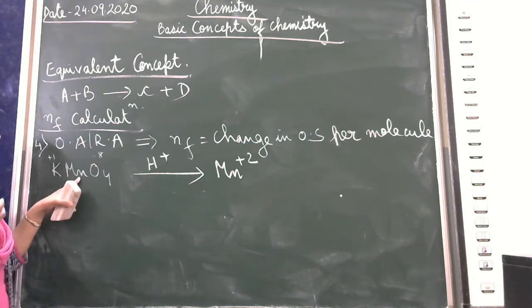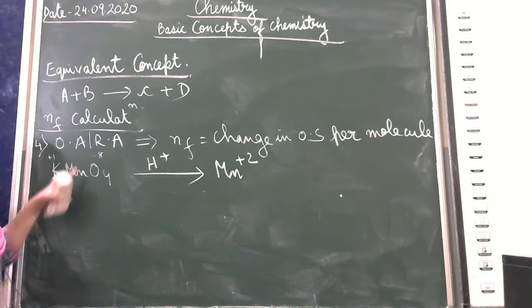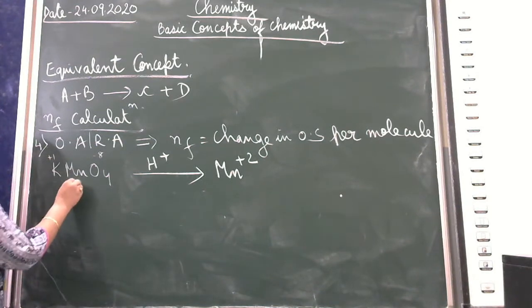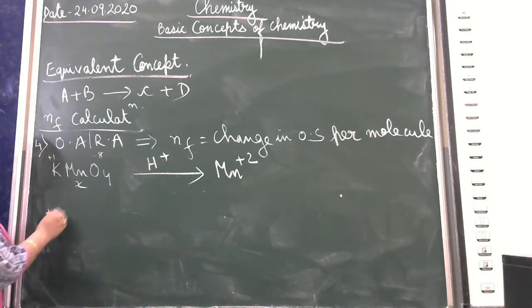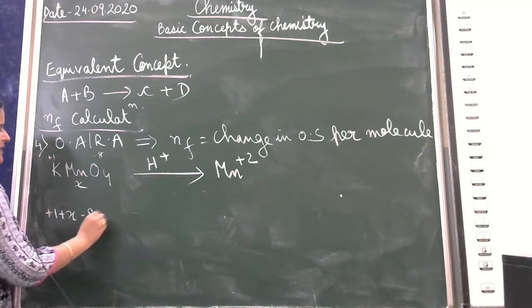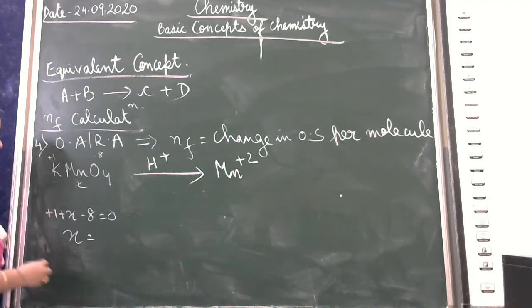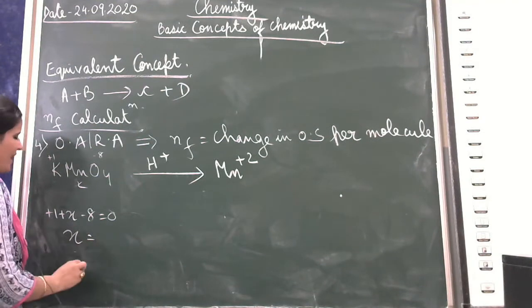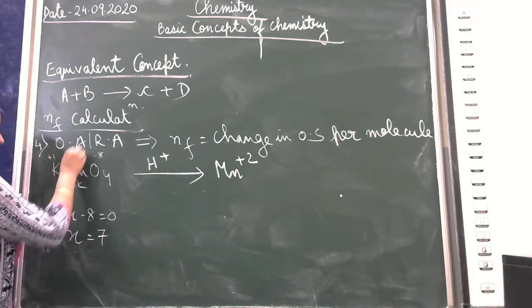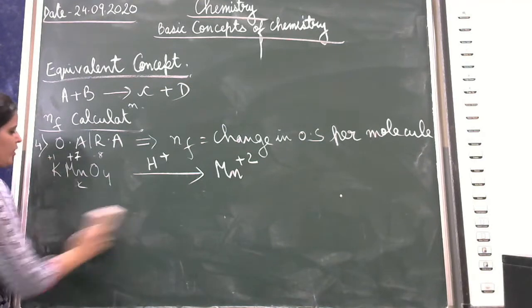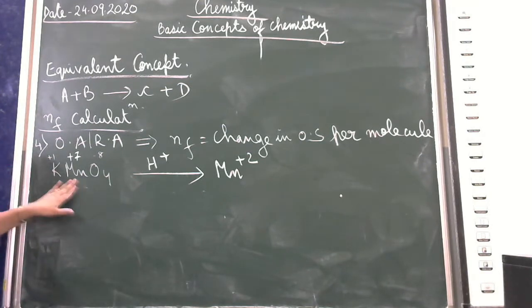I will take manganese as x. So 1 plus x minus 8 is equal to 0. So x, the oxidation state of manganese, is 8 minus 1, that is +7. This is how I calculate the oxidation state of manganese.